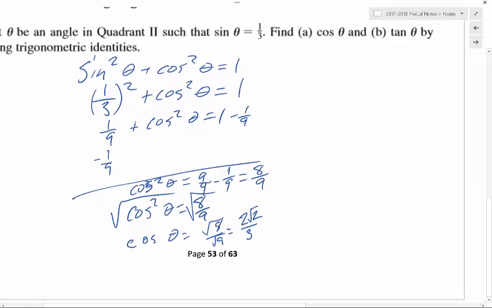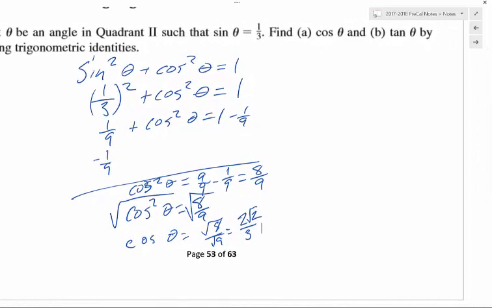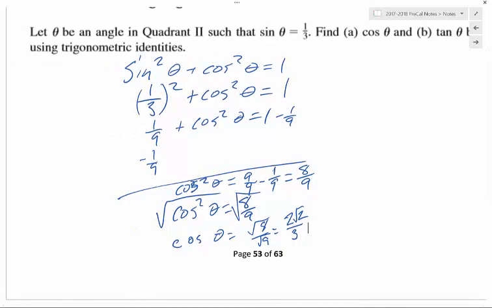So now, I know that I've got an angle that's over here in the second quadrant, because this is quadrant 1, this is quadrant 2.